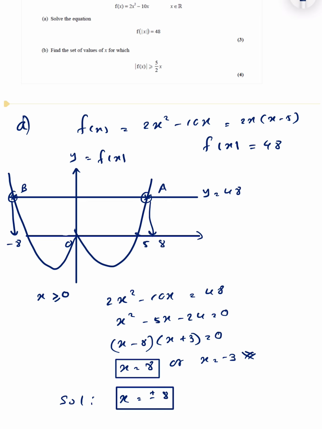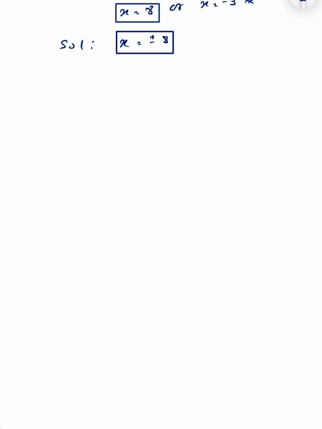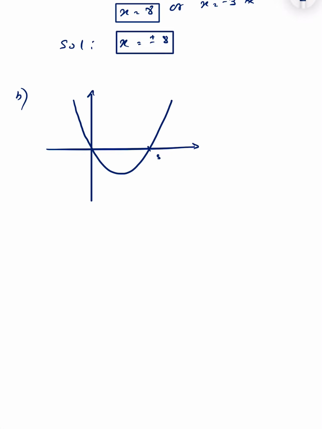For part B, they want you to draw the modulus of f(x) graph. Let's go with the f(x) graph first. f(x) has a graph in this way, where you intersect the x-axis at the origin and at the point x equals 5. So the turning point here should occur when x equals 2.5.